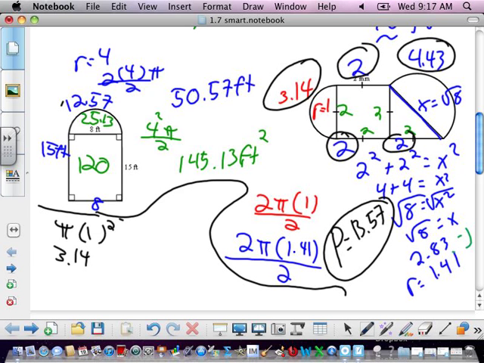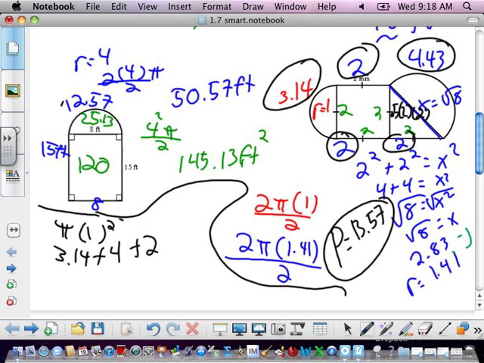What's the area of this square in the middle? 2 times 2 is 4. So the area is 4. What about this triangle? Triangle is 1/2 base times height. So right here I'm doing 1/2 base times height. 2 times 2 is 4. Half of 4 is 2.